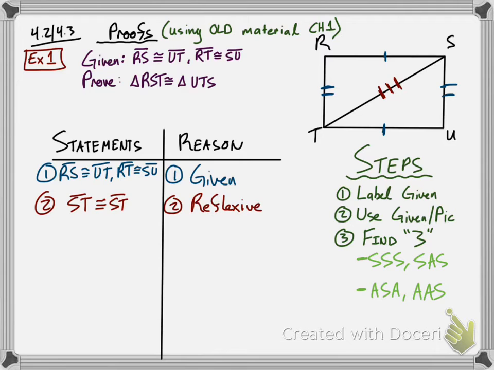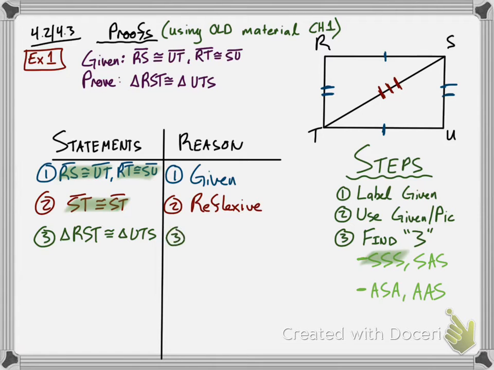So now we look and see if we have our 3 things. Here I have a pair of sides, a second pair of sides, and a third pair of sides. So we are able to use the shortcut side, side, side to prove that triangle RST is congruent to triangle UTS.